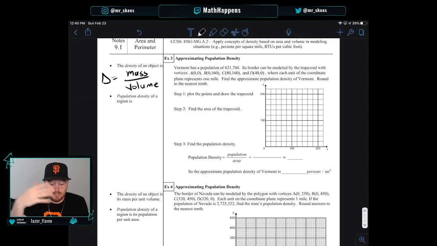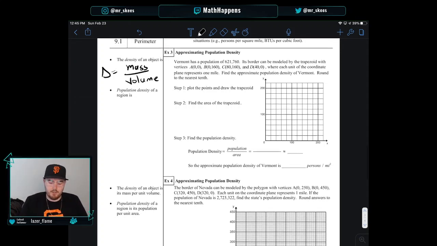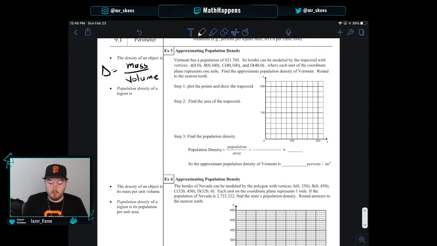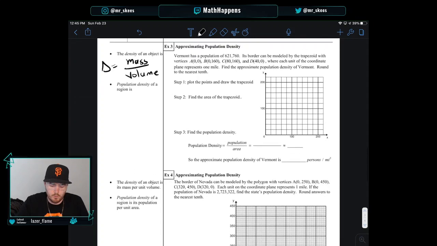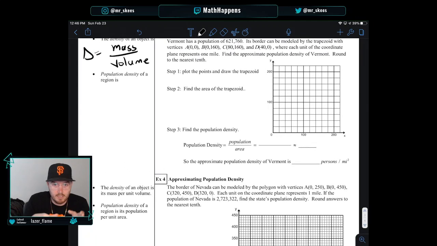And density is the combination of those things. Mass divided by volume. But when it comes to something in a two-dimensional sense, on this coordinate plane, where we're looking at a shape, we're going to talk about population density. Each state has its own area, which I would consider the size.